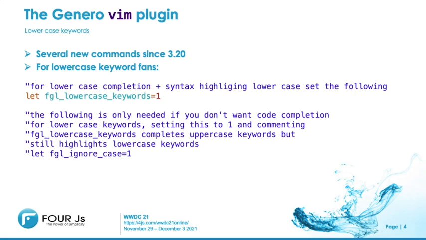The fgl_lowercase_keyword variable is a Vim variable, and if you set it to 1, it configures that your keywords in lowercase are syntax highlighted, and that you also get a source code completion for the lowercase keywords. How does it look like?